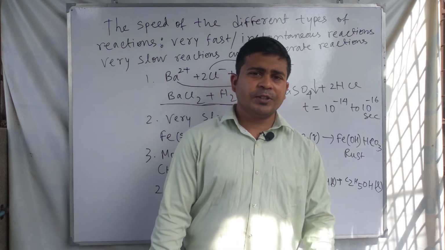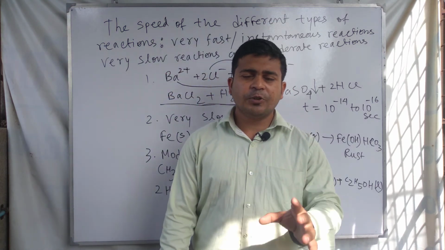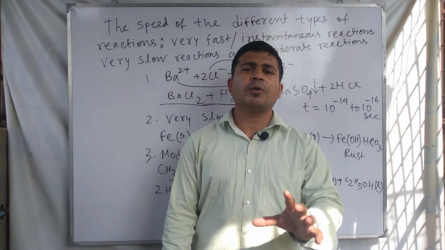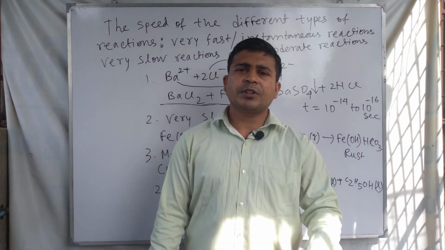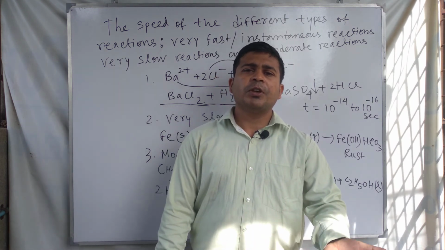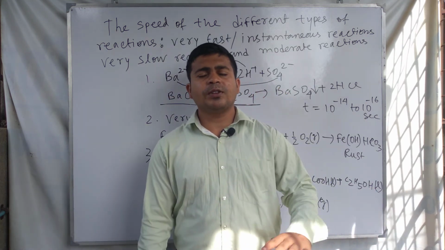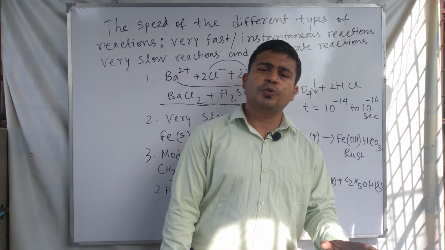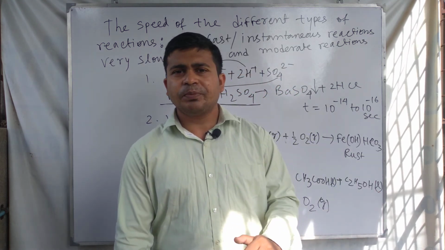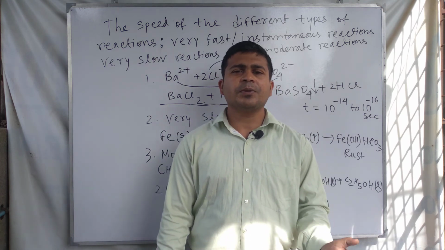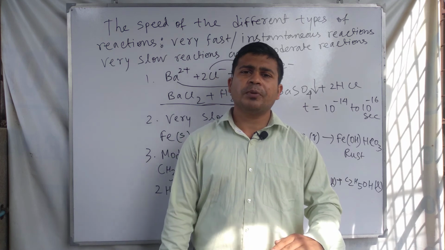To understand this chapter well, you must first understand these various kinds of reaction speeds. If you understand this topic well, then this chapter will become easier for you. So that's the topic: the different kinds of reactions based on the speed of chemical reactions.